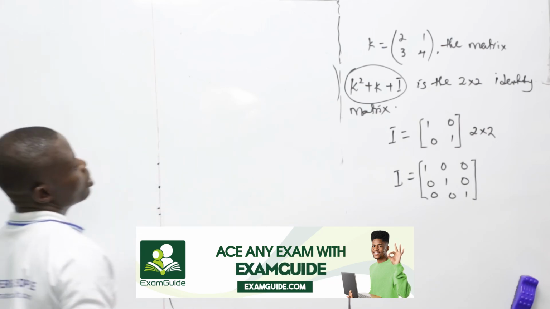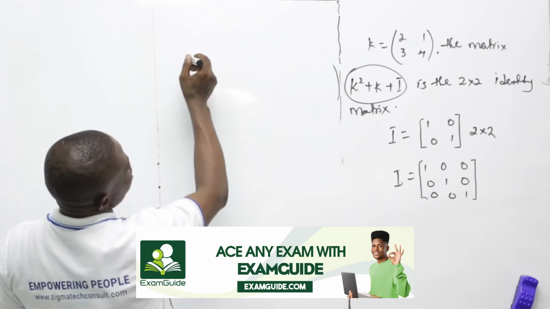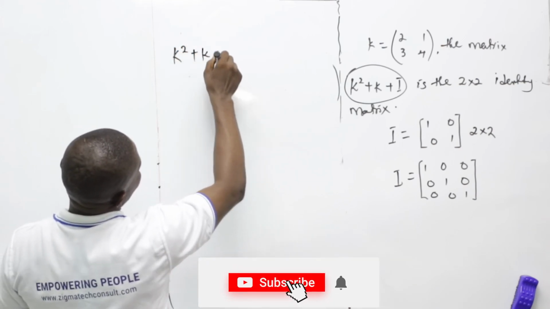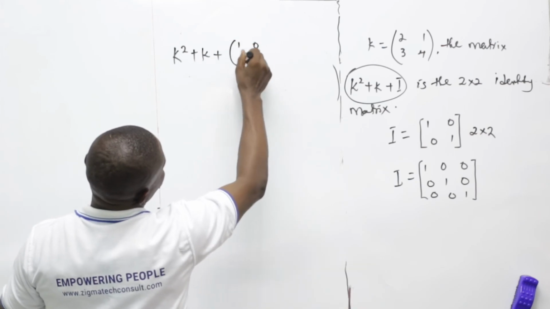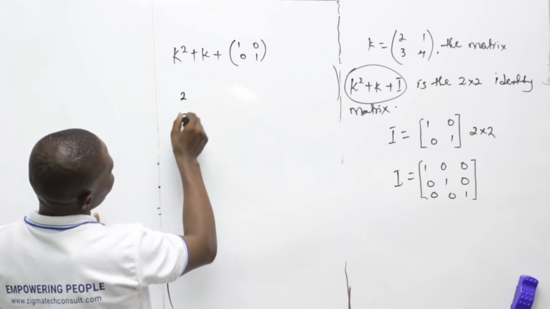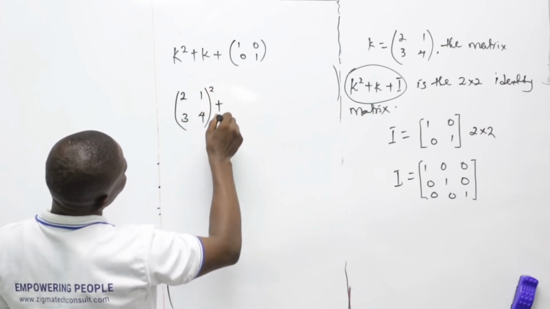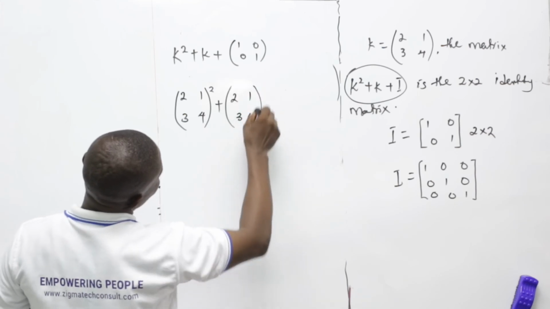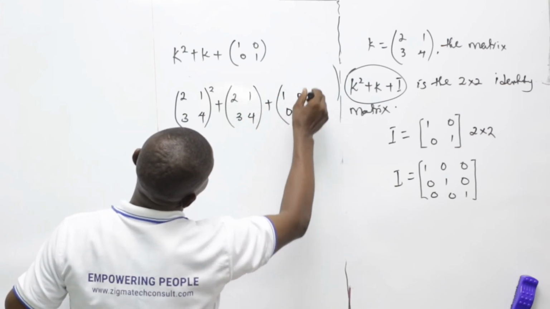Now, this time around, it has been given to us as a problem to handle. So, you have K already. But we are told to solve K squared plus who? K plus I. What is I? 1, 0, 0, 1. Then what is K? K is 2, 1, 3, 4, then all squared. Plus K again, 2, 1, 3, 4. Plus who? Identity matrix 1, 0, 0, 1.